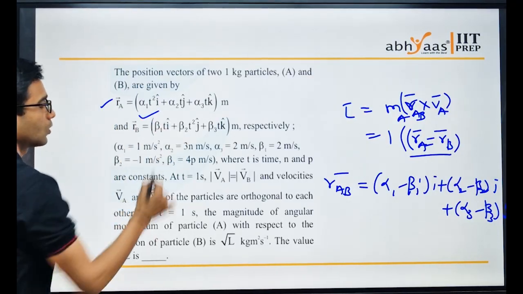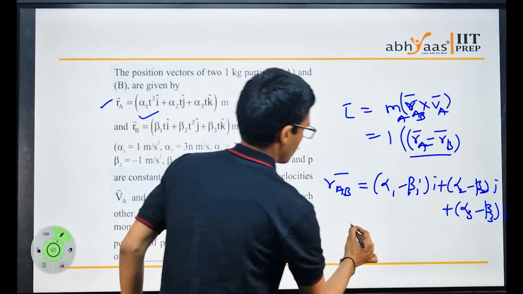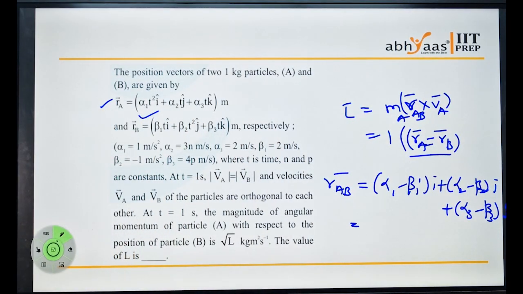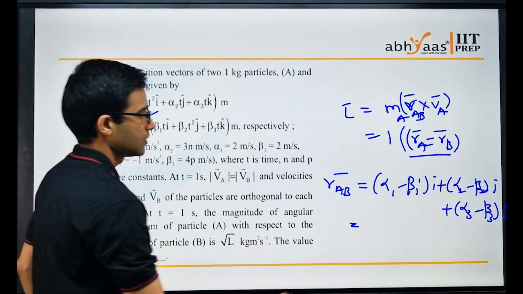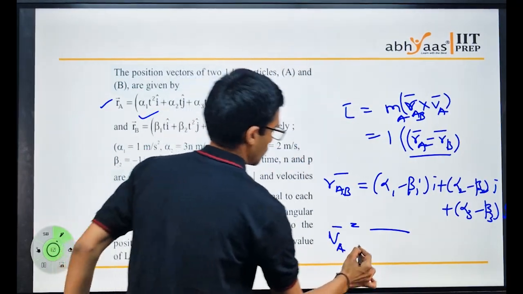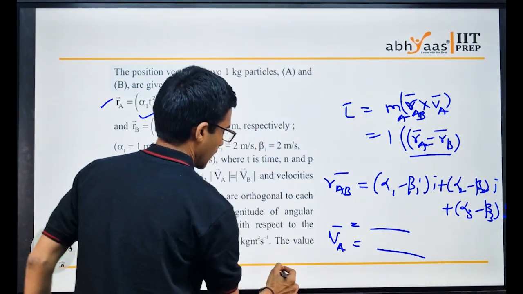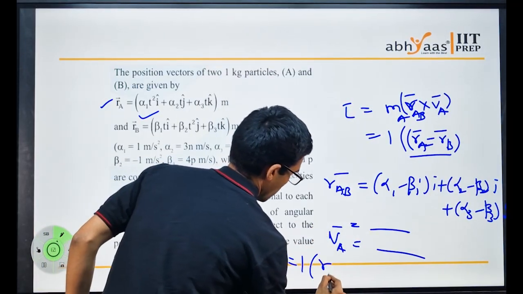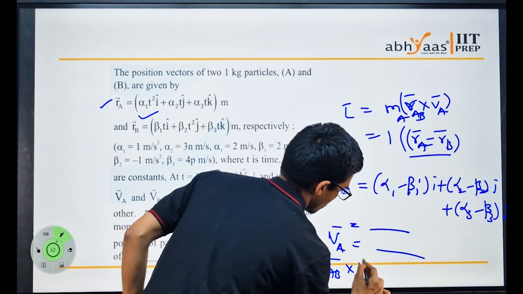Then you will get RAB, and VA bar you already got, just substitute the values. So then finally L bar is equal to, M value is 1 only, RAB bar cross V bar.